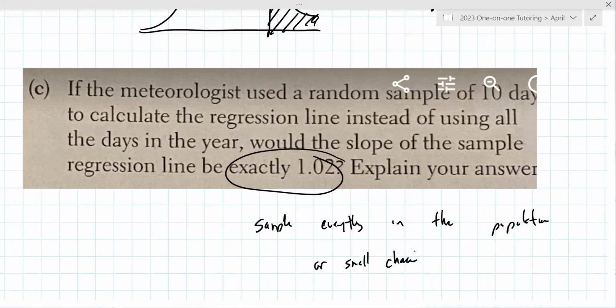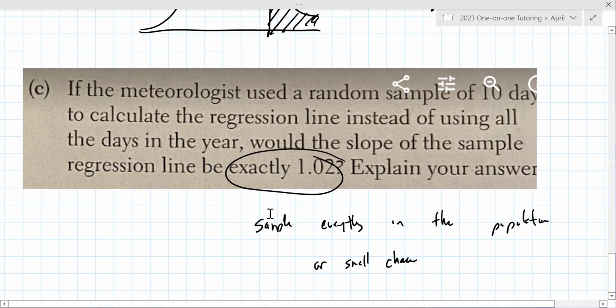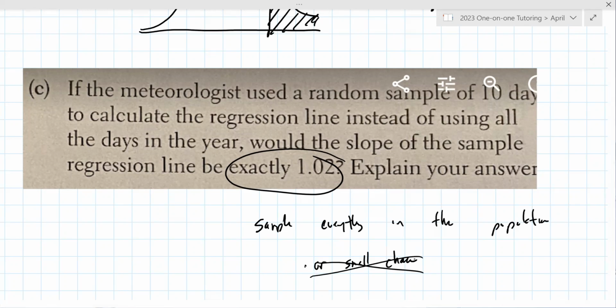And could you write that in an AP exam, or would you have to be a little more descriptive? On an AP exam, no, that was more for you. You would say it's unlikely to be exactly 1.02 unless you sample everything in the population.